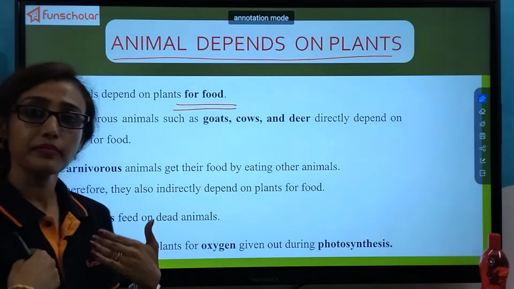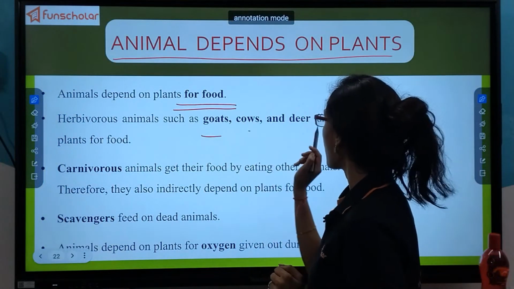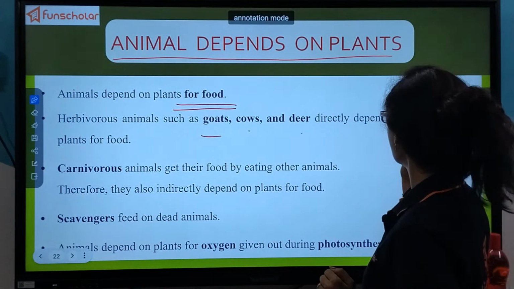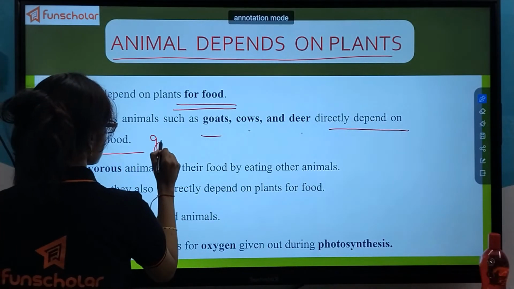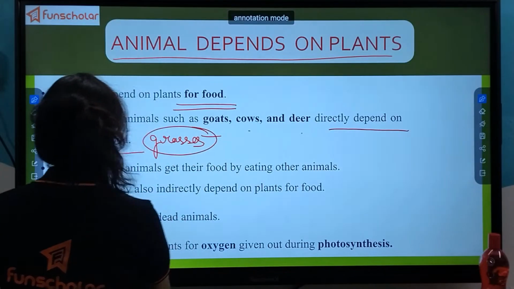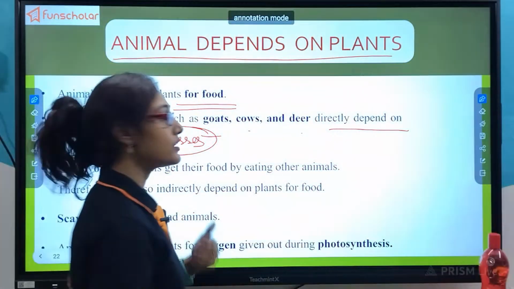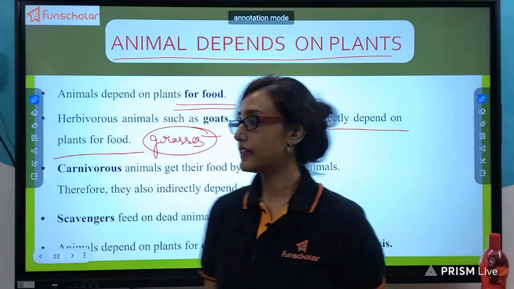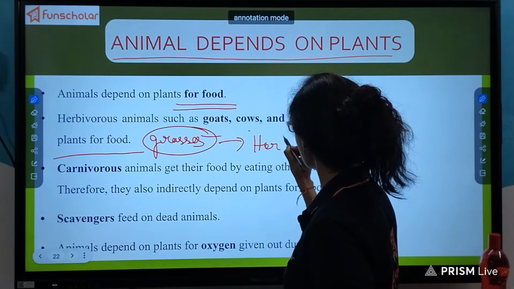Except humans, there are other animals such as goats, cows, deer, etc. who feed on grasses. Right? So they are directly dependent on plants. They are known as herbivores.